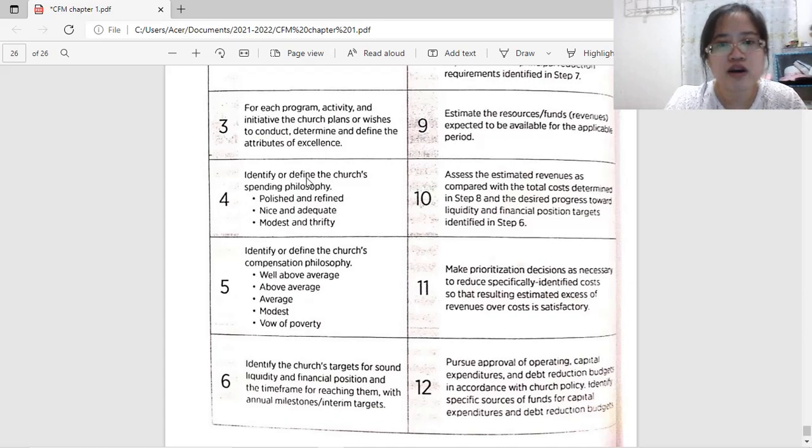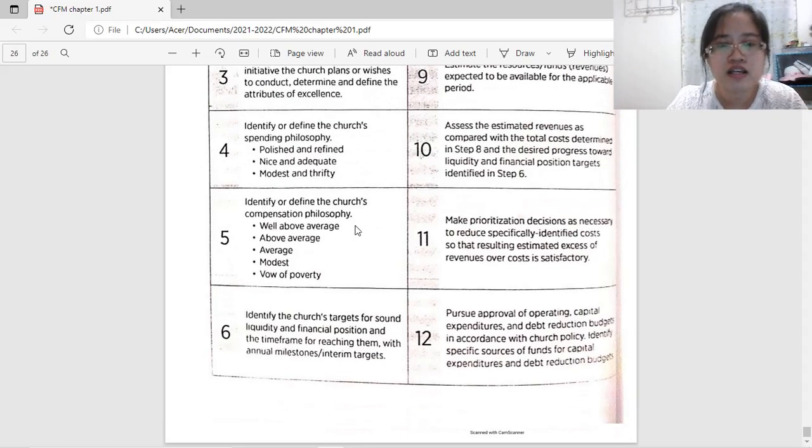Number four, identify or define the church's spending philosophy, the priority of the church during a given period: polished and refined, nice and adequate, modest and thrifty. Next, number five, identify or define the church's compensation philosophy.